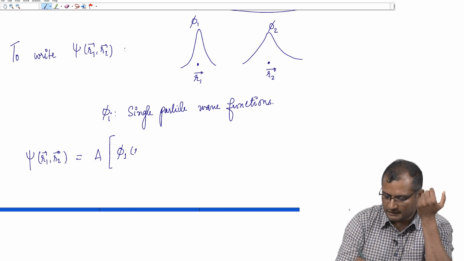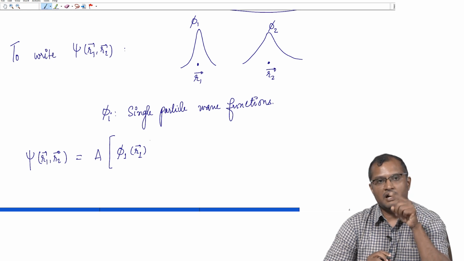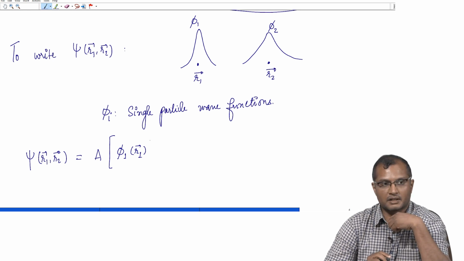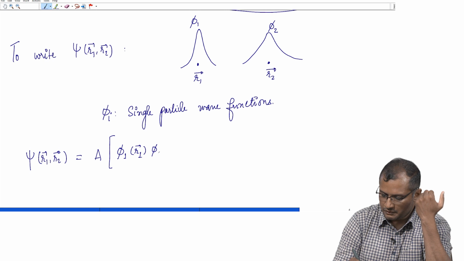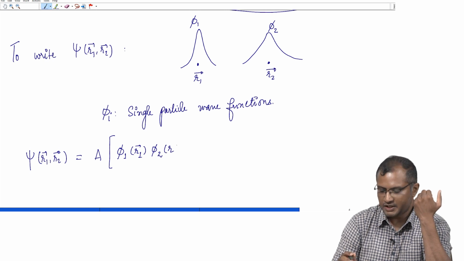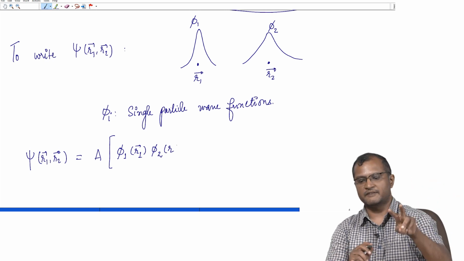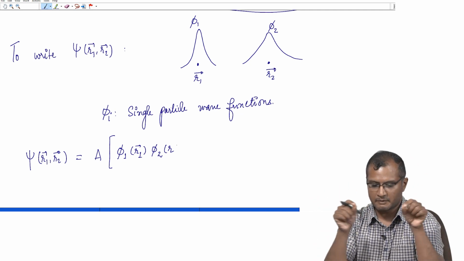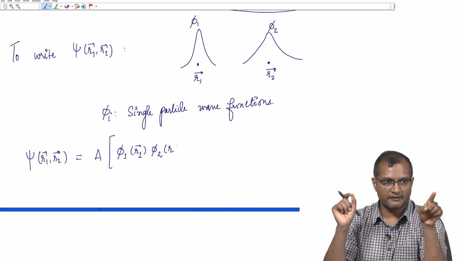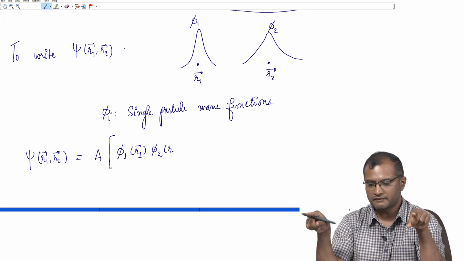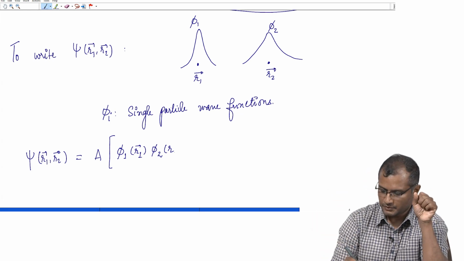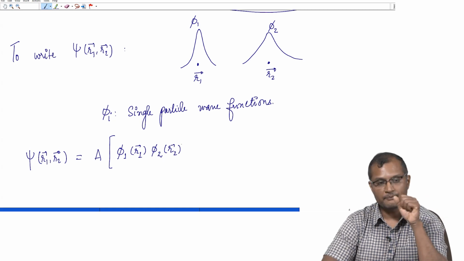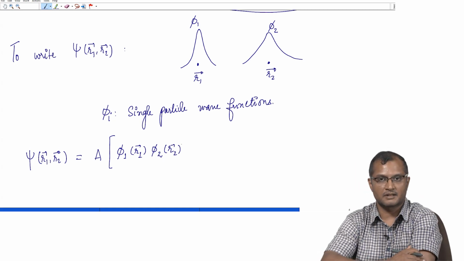So, I will take phi 1 of r 1, which is like the first particle sitting at location r 1, into phi 2 of r 2, because this is the joint probability. So, the fact that my system has two particles at r 1 and r 2 is given by the joint product of phi 1 localized at r 1 and phi 2 localized at r 2. Okay. Is that it?